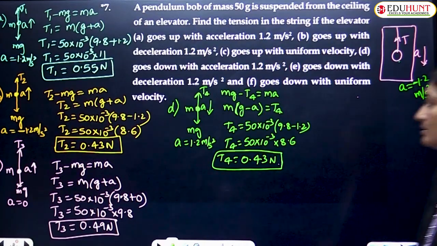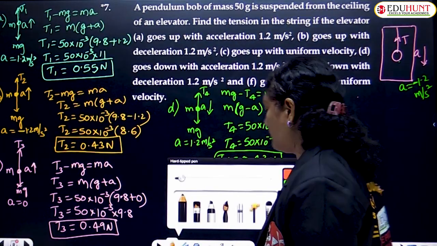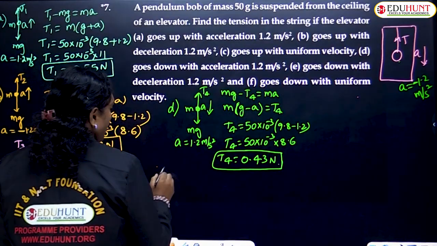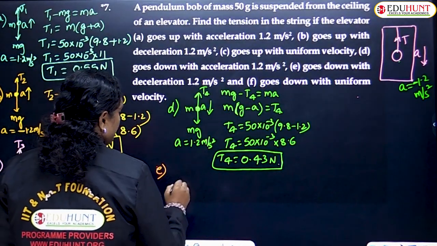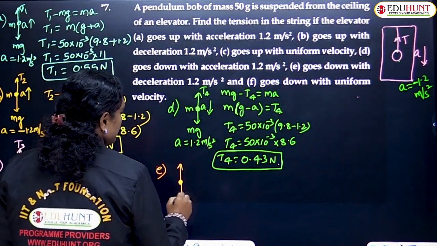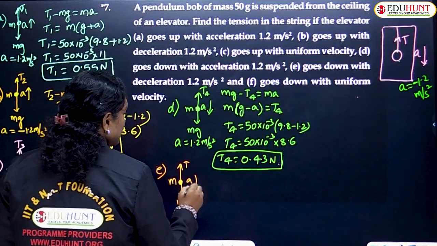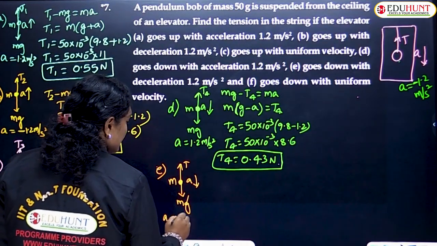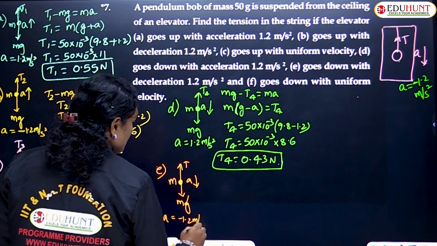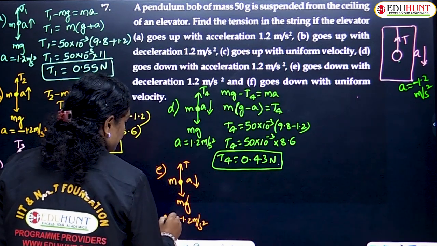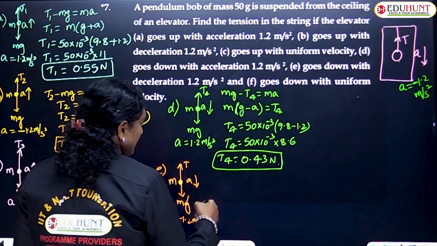So substituting those values in the above equation, first of all, the free body diagram: weight is mg, tension T upwards, mass m accelerating downwards, whose value is taken as minus 1.2 meter per second square. Okay, so we have the equation of motion.